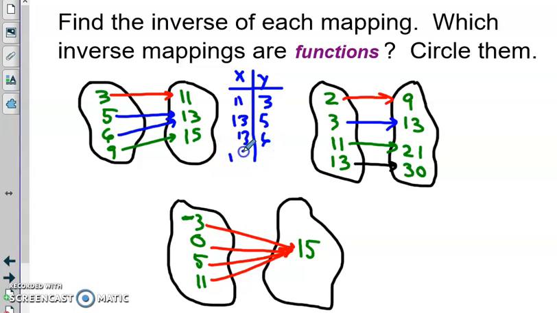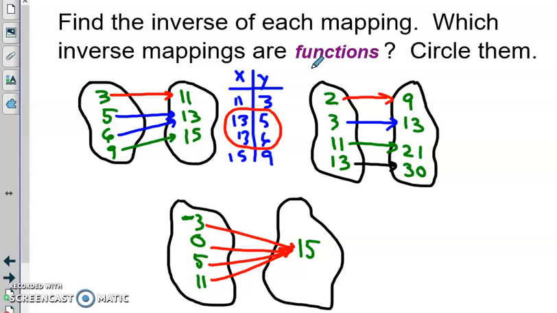And if I stick in 15, the answer I'm going to get is 9. This is not a function, because I can stick in 13 and I can get 2 answers back, the 5 or the 6. So hopefully in this first one you did not circle it as a function.